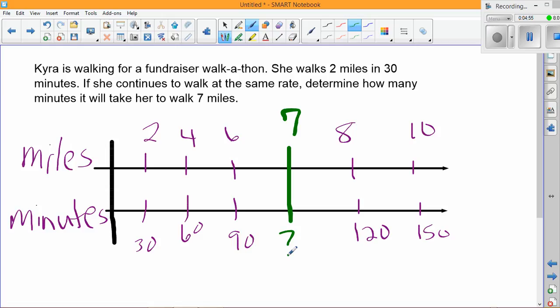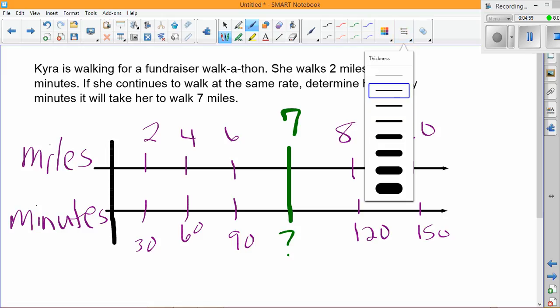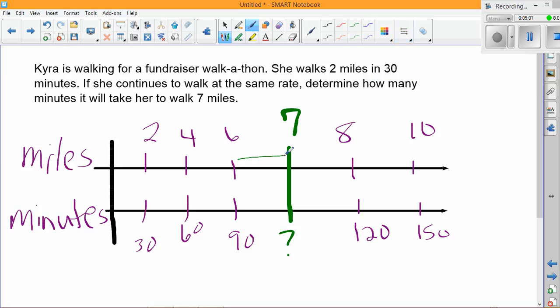So that means 2 becomes our denominator. Okay, so we're looking for this distance right here. So 2 becomes our denominator, and then we say, how far away is 7 from 6? What's 1 unit? So this is a half of a unit because in here we're going by 2's. So it's a half a unit, or 1, away from 6.